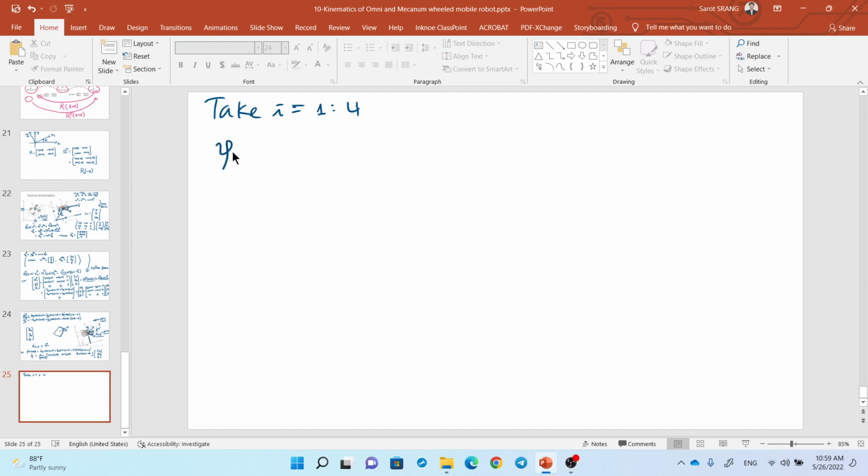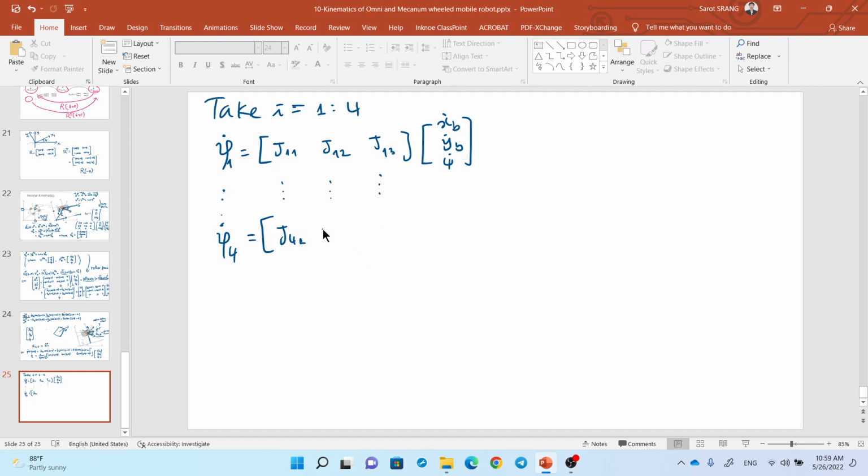Then we have phi 1 dot equal to, I just call this J11, J21, J31, 1 2, 1 2 1 3, and time h dot b, y dot b, psi dot, and then phi 4 dot equal to J41, J42, J43 time the same thing.